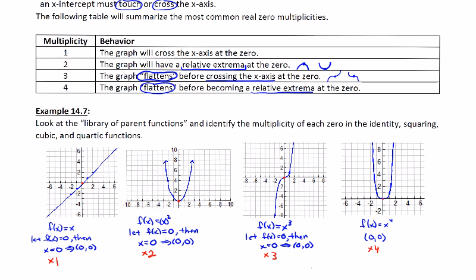So this is why we typically call the quartic shape a U-shape, and then the quadratic or the squaring function is more of a parabola shape. That's because the quartic function has a higher multiplicity, and therefore it has to be flatter at the bottom. So this is the 4 multiplicities that you'll be responsible for when graphing a polynomial.